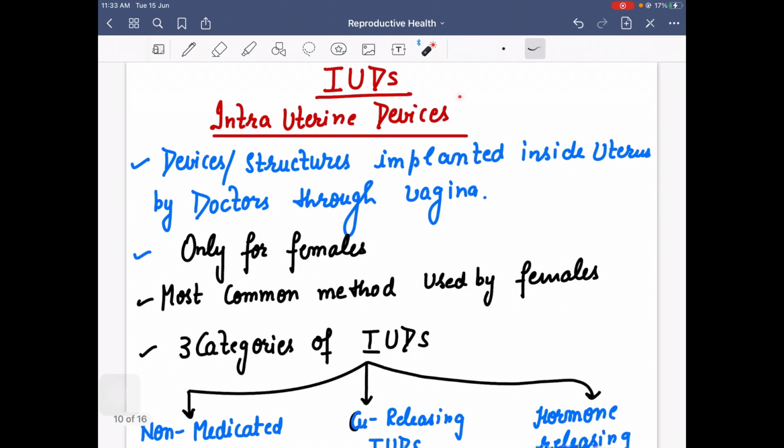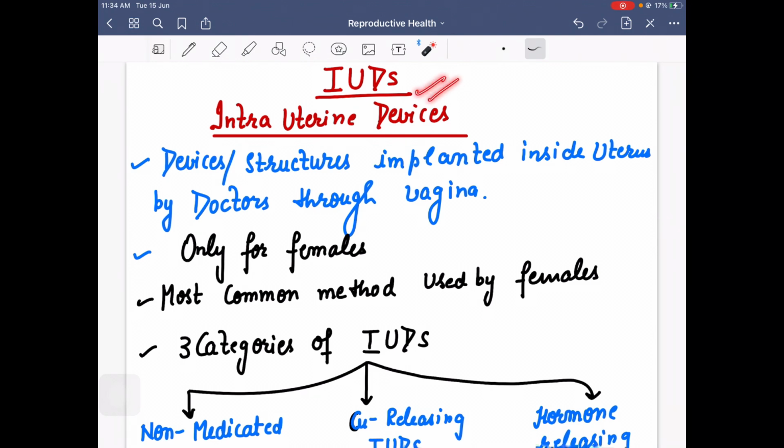Right? So first we discussed the natural methods, second we discussed the barrier methods, and third we are going to discuss the third method, that is called IUDs. I for intra, U for uterine, D for devices, intrauterine devices.